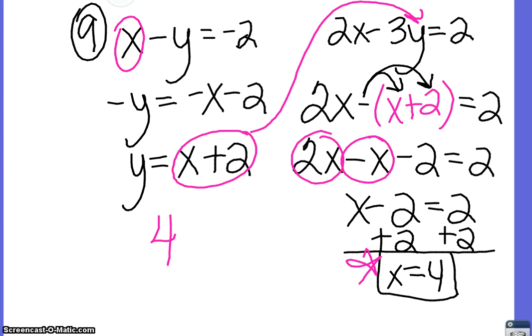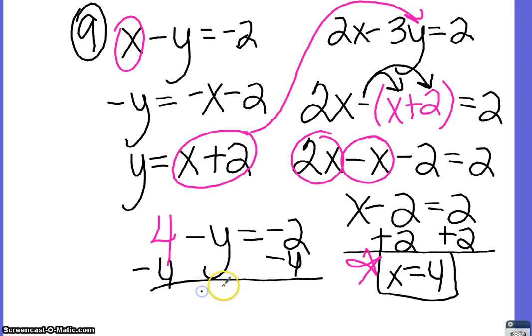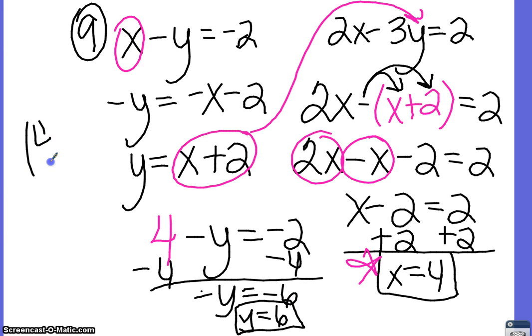So I have 4 minus y equals negative 2. I'm going to subtract 4 from both sides. So I have negative y equals negative 6. So y is going to be equal to a positive 6. So my answer for this particular problem is the coordinate point 4, 6.